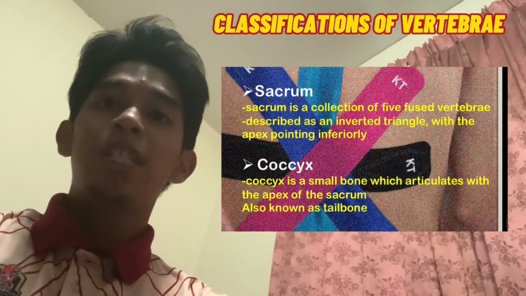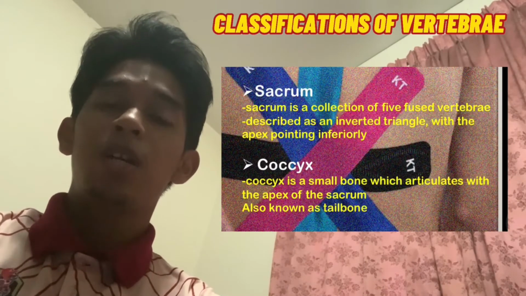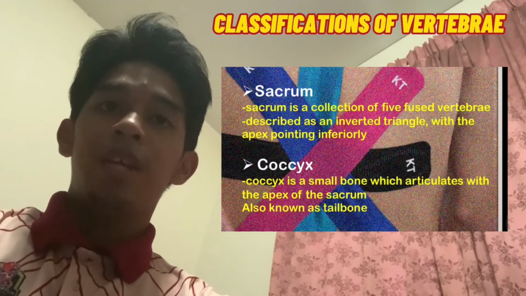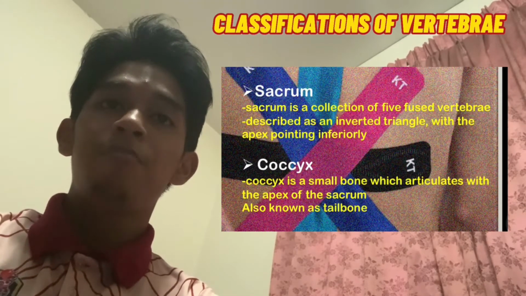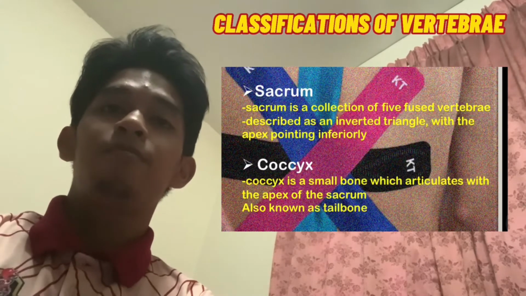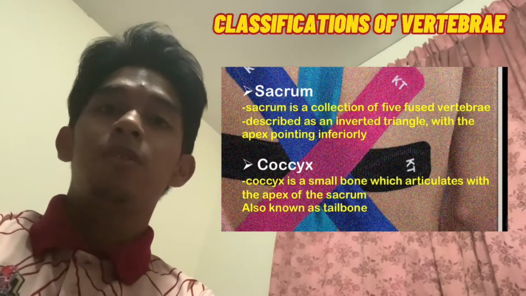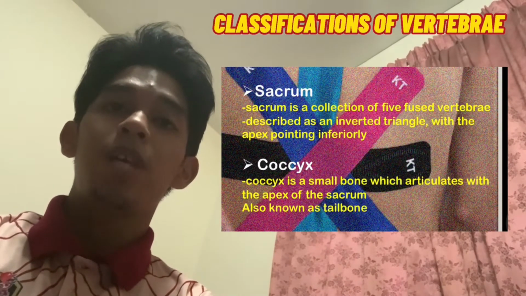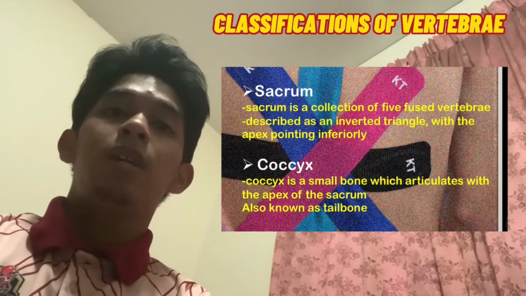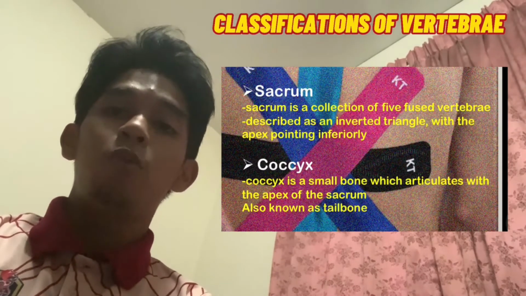Sacrum is a collection of 5 fused vertebrae, and it's also described as an inverted triangle with the apex pointing inferiorly. And the last one is coccyx. Coccyx is a small bone which articulates with the apex of the sacrum, and is also known as the tailbone.